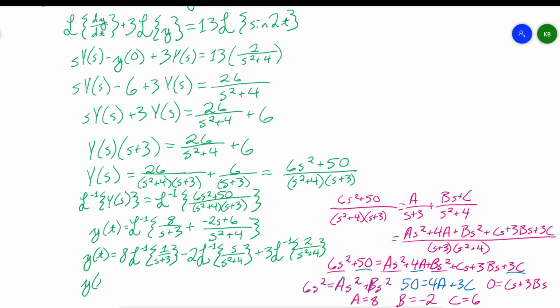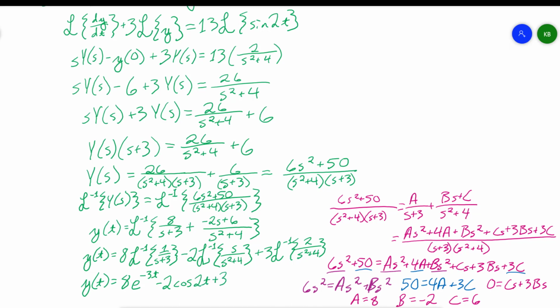So we get y of t equals, well, this is 8. The inverse transform of 1 over s plus 3 is e to the -3t. Then we have -2. This is cosine, because there's the s in the numerator, of 2t, since the square root of 4 is 2.